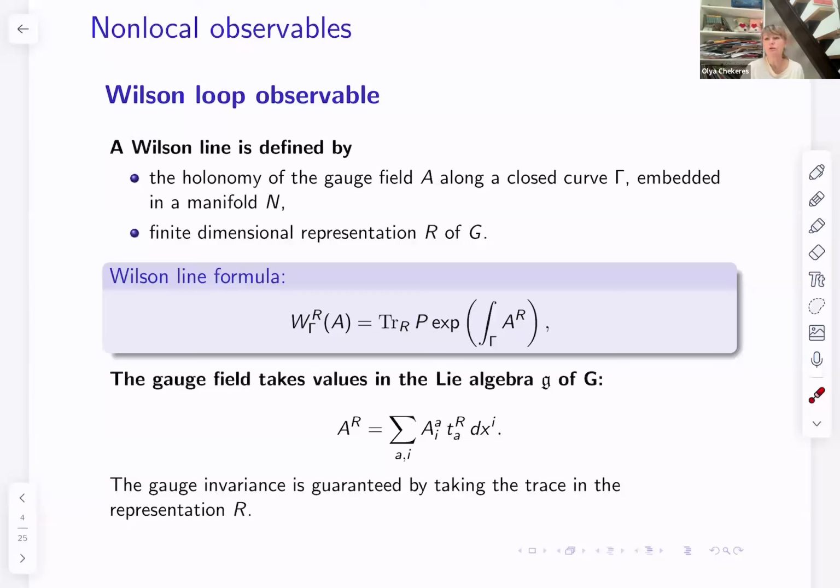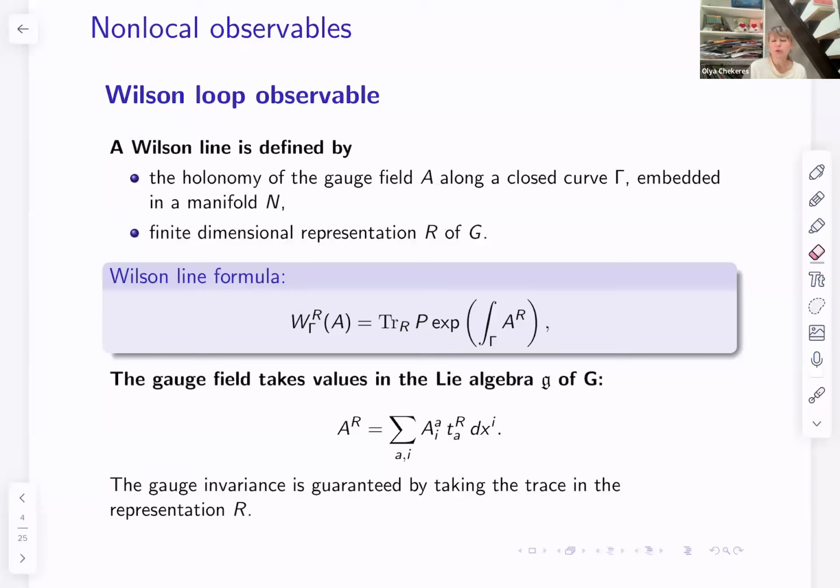For instance, there are local observables which correspond to the values of fields at certain points, or to the correlation functions of fields at a certain number of points. And then there are non-local observables.